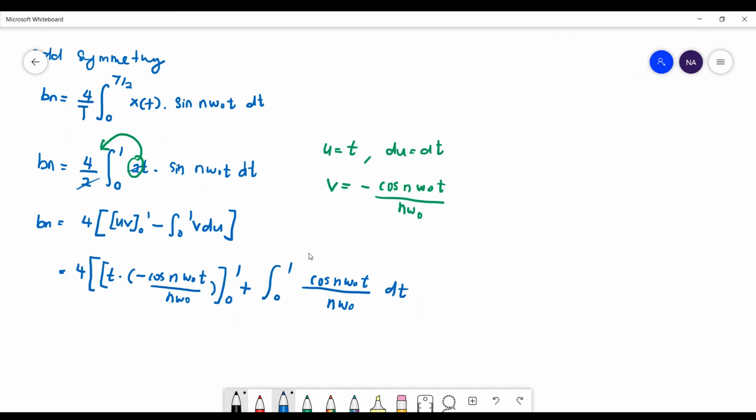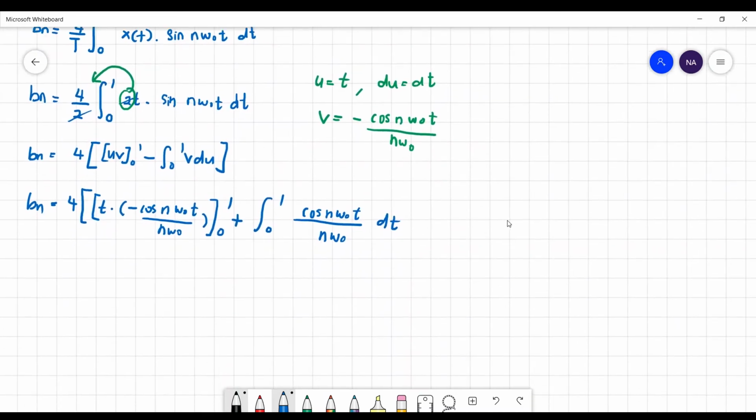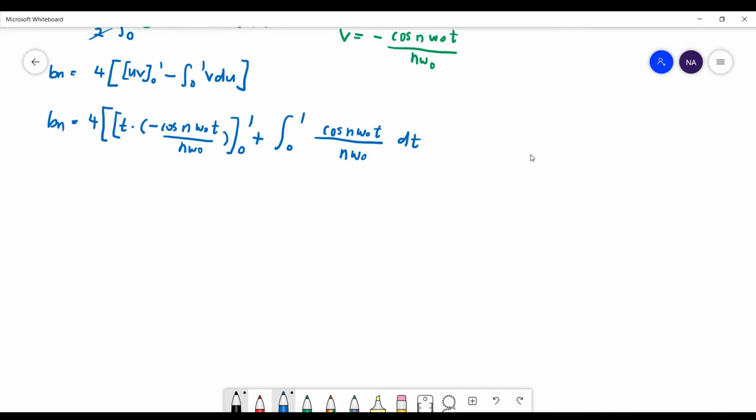Okay, so then let's solve here. Bn is equal to, okay, sorry, this one the big bracket. t is in the range 1 until 0. So first you put 1.